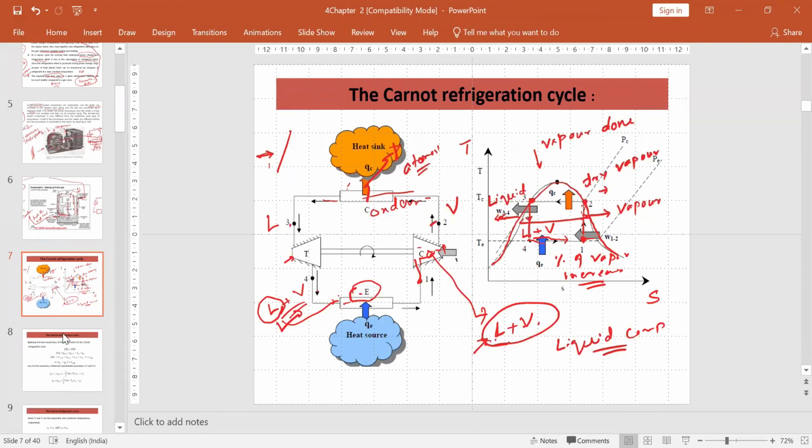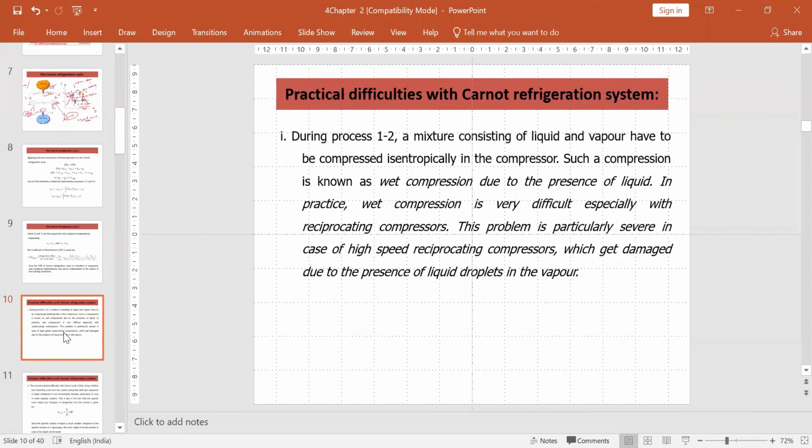Now how it is difficult, we see. So, practical difficulties. During process 1 and 2, that is the compression process, a mixture consisting of liquid and vapor has to be compressed isentropically in the compressor. Such a compressor is known as a wet compressor.